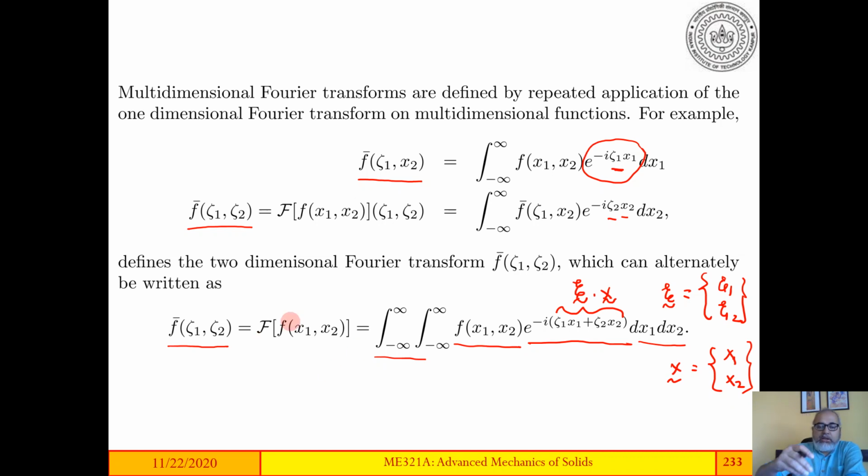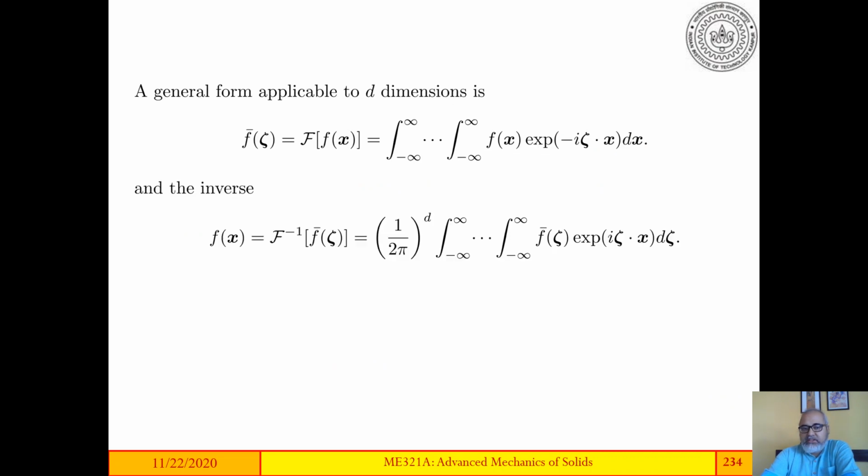So extending this to multi-dimensions is easy. If you have a function of x where x can be x1, x2, x3 maybe, you multiply it by exponential of minus i zeta dot x and integrate over dx1 dx2 dx3, you get the Fourier transform of f(x).